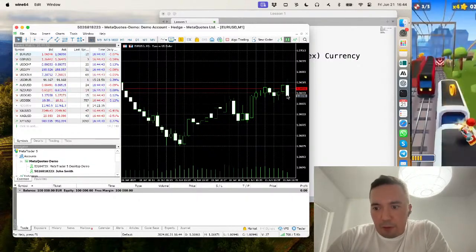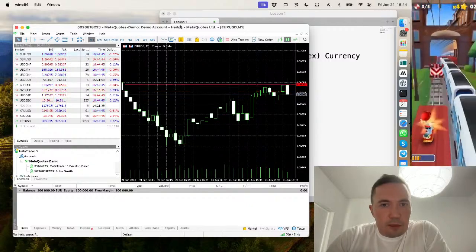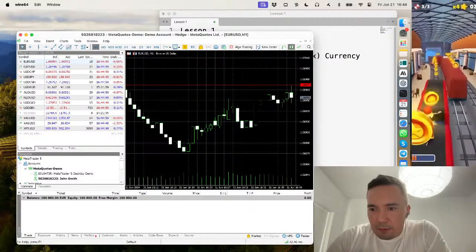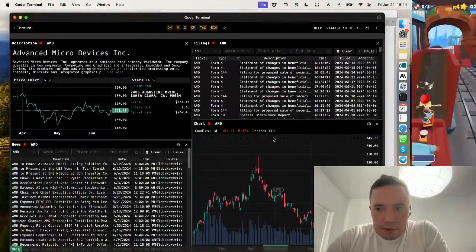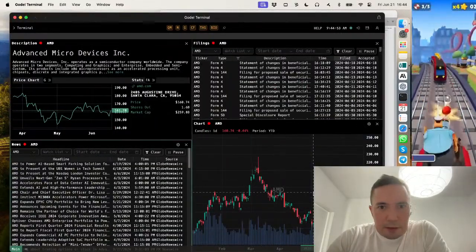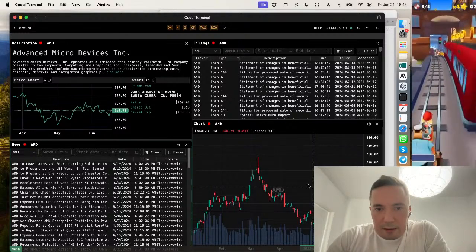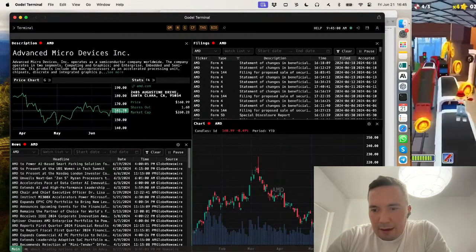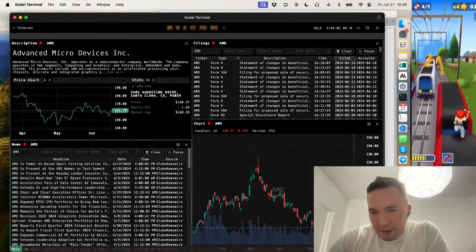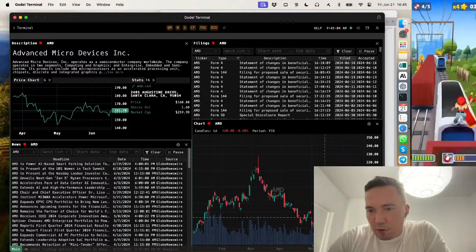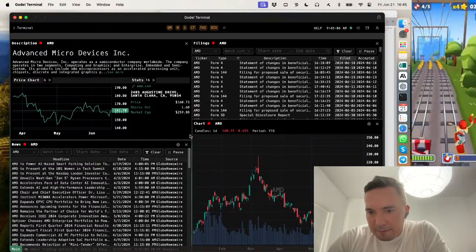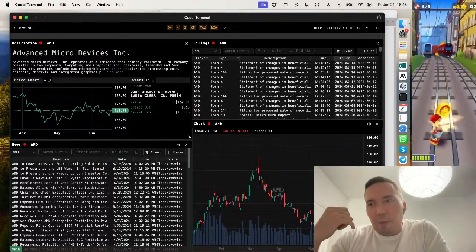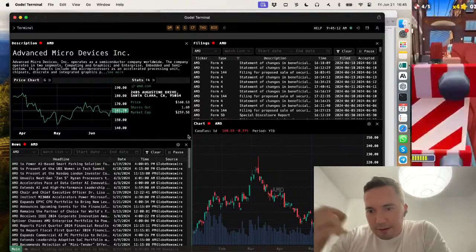However, for example, if we go to another terminal, okay, for example, here is the Godel terminal, right? And we see the chart of the AMD. I am pretty sure that this chart is drawn by the last price. So technically, last price is the better choice for drawing a chart.